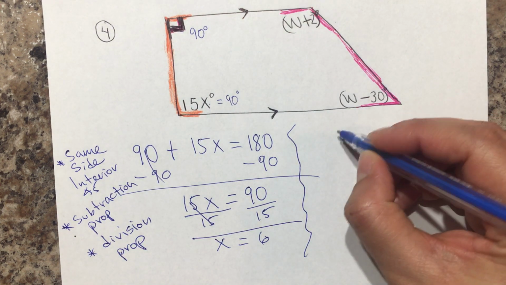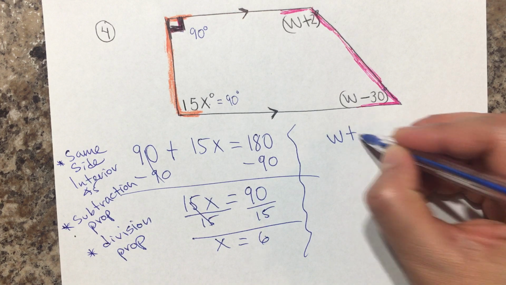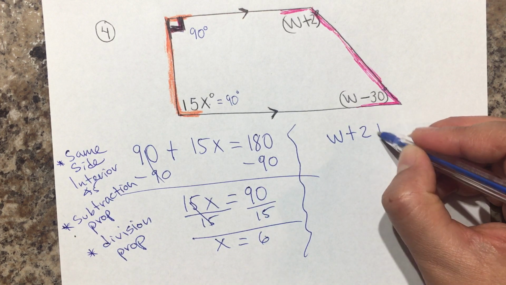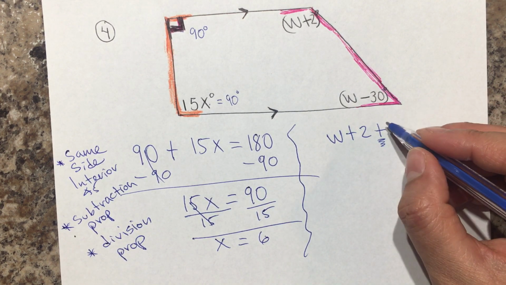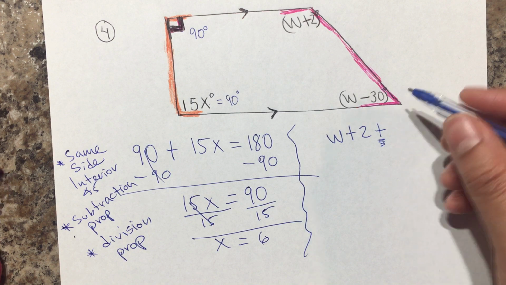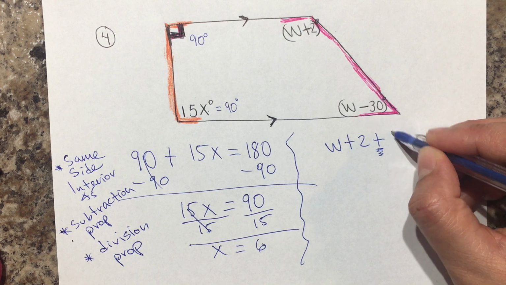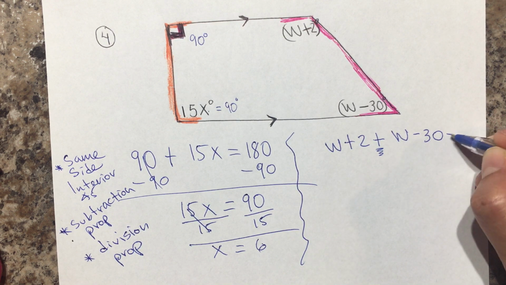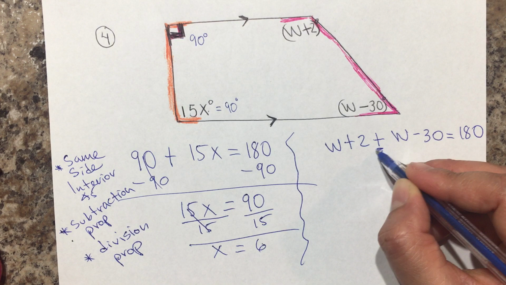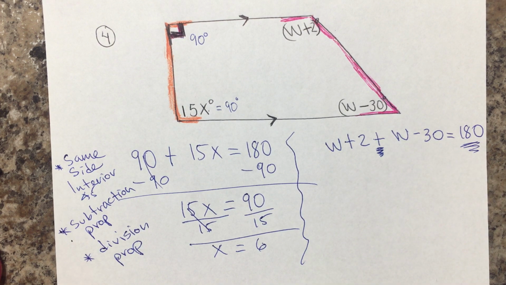So again, we're going to add them, because if they're same side interior angles, this is the addition, that means that we have supplementary angles. Supplementary angles. So plus W minus 30 equals 180. Again, you add them, and you get 180.